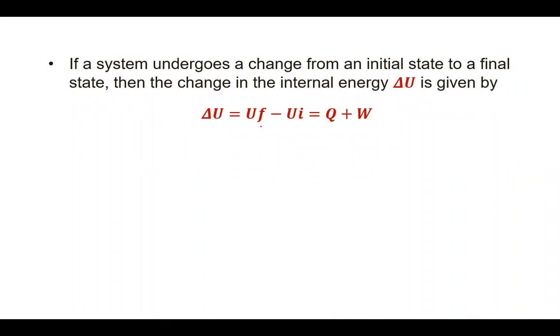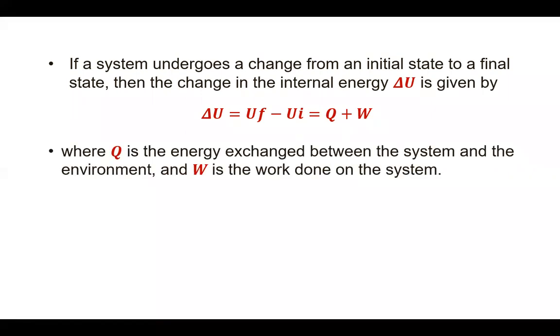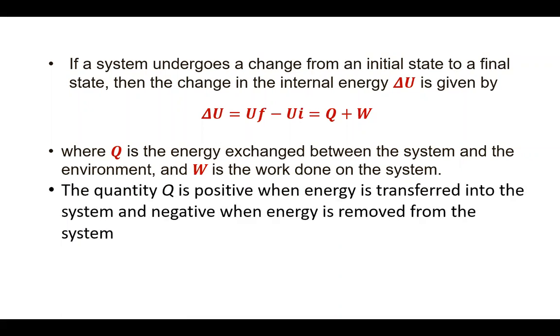The change in the internal energy will just be U final minus U initial is equal to Q plus W, that is if work is being done on the system, where Q is the energy exchanged between the system and the environment, and W is the work done on the system.